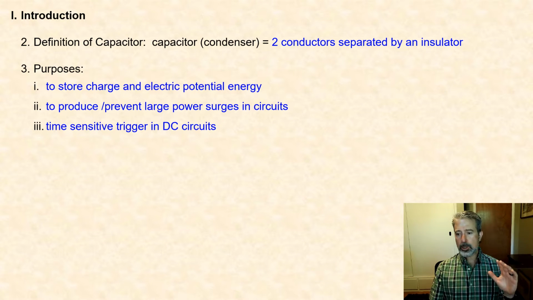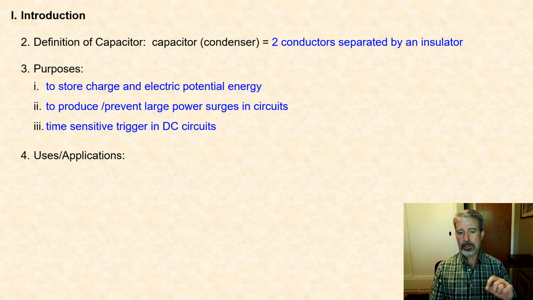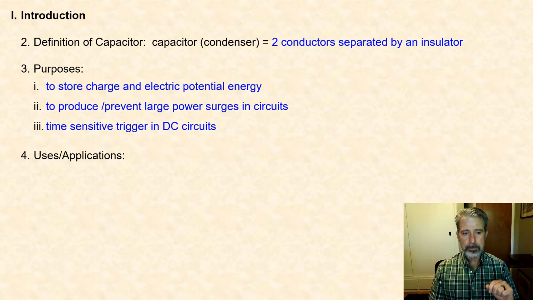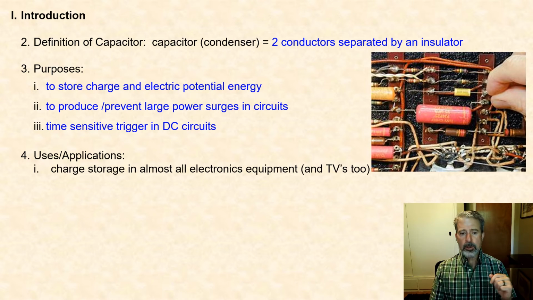Now, to get more specific, we'll look at some uses or applications that I think you'll be a little more familiar with. When you talk about charge storage in almost all electronics equipment, radios, televisions, at some point in your life you've probably looked inside some piece of electronics equipment, whether it was broken or being repaired, such as a computer, radio, or television.